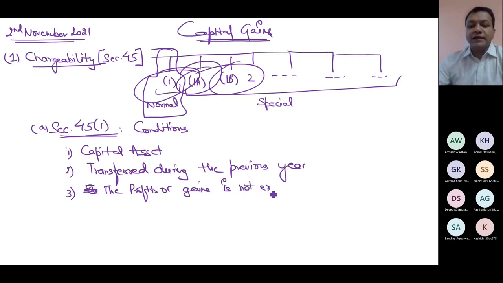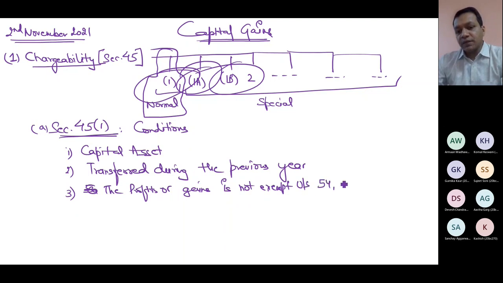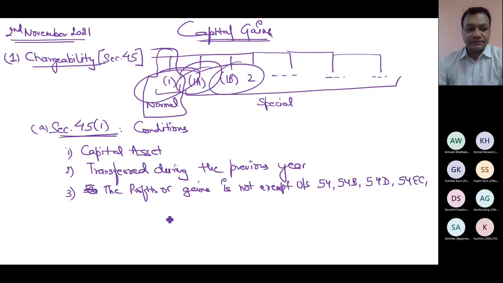Since you do not know the detail of those sections 54, 54B, D, etc., for the time being you must know that all these sections talk about exemptions from capital gain. The profits or gains is not exempt under section 54, 54B, 54D, 54EC, etc.